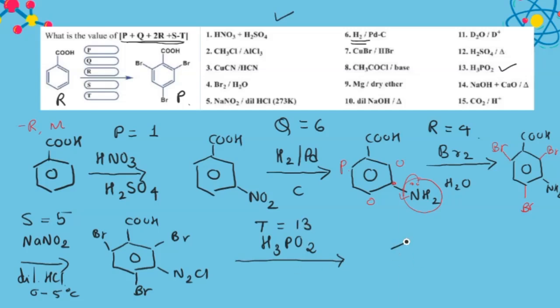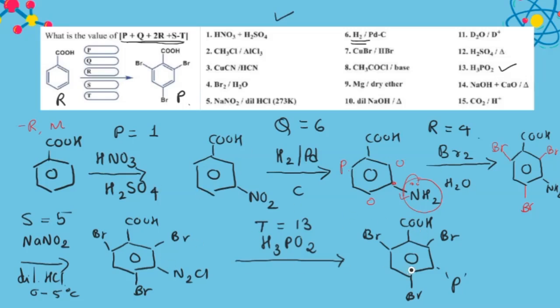So H3PO2 will substitute the N2 by hydrogen, nothing but the final product that is shown here, right? If you want, you can ignore this, okay? It's understood that there is a hydrogen, right? So this is our final product, that is tribromobenzoic acid.